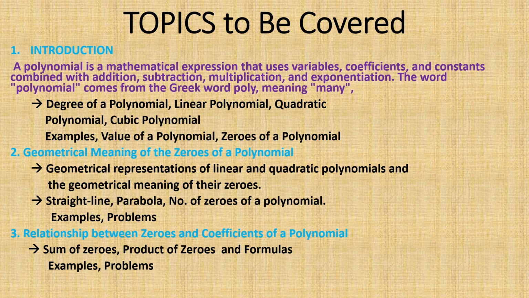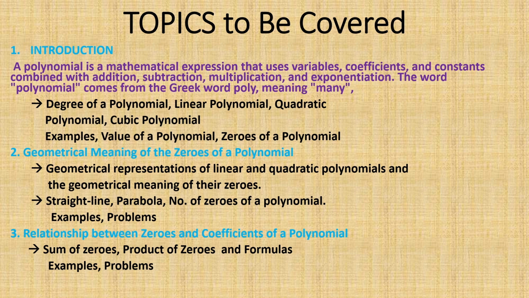And in the third session, we are going to cover the relationship between zeros and coefficients of the polynomial. What are the formulas for different types of polynomials? Okay, we have three types: linear, quadratic, and cubic polynomials.